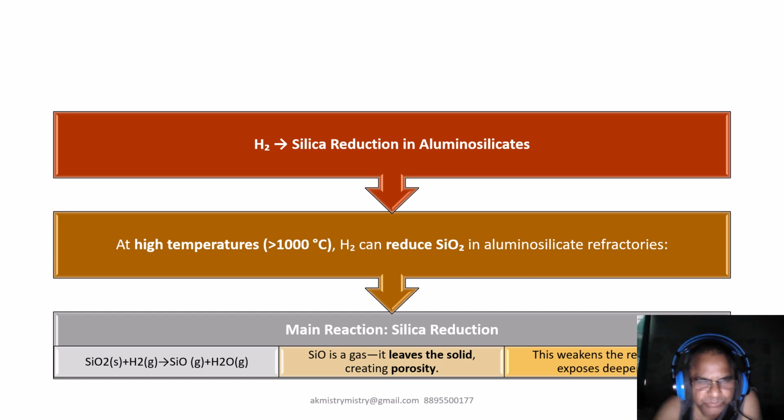Due to this reduction, the silica comes in contact with the hydrogen to form silica gas, and in the process of formation of this silica gas, as it leaves, it forms a porous structure which becomes weak and is not able to sustain the load, the lateral pressure of the body in the vessel, and finally results in a breakdown.